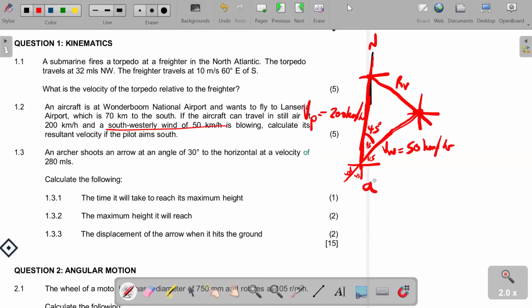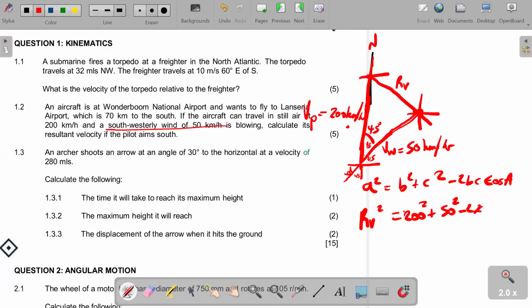Again, we can use the formula A squared is equal to B squared plus C squared minus 2BC cos A, our cosine rule. So RV is the A, the unknown. RV squared is equal to 200 squared plus 50 squared, it doesn't matter which one you start with, minus 2 times 200 times 50, cos 45, that's the angle between them.